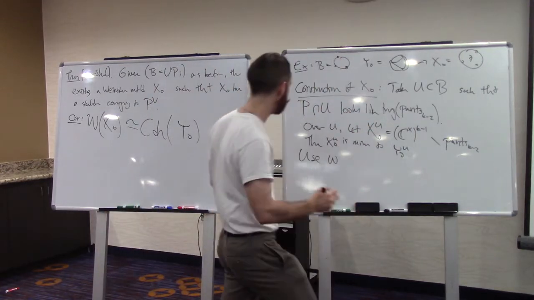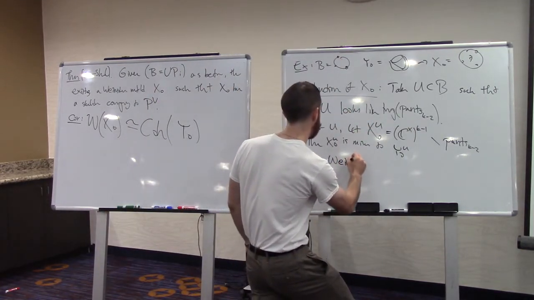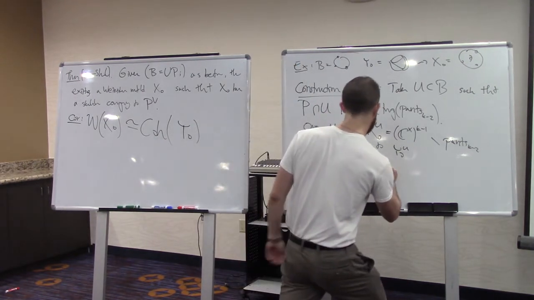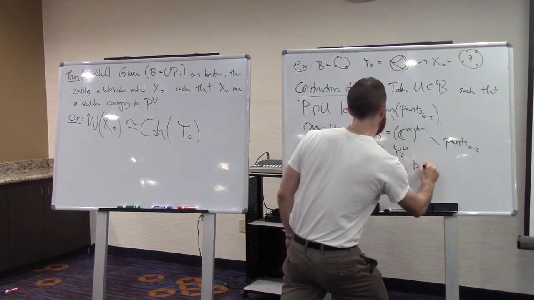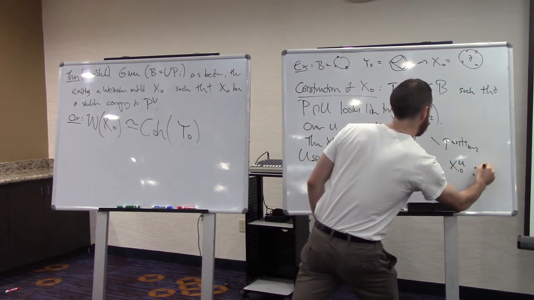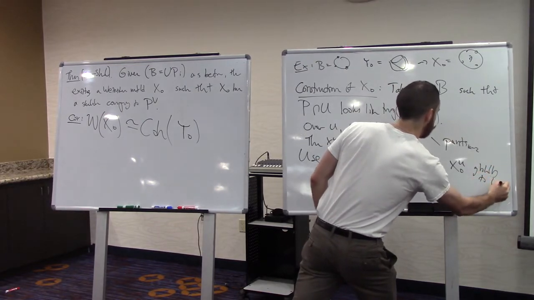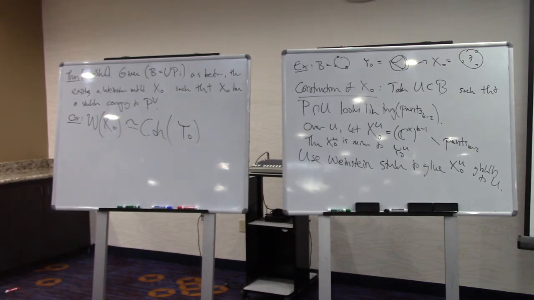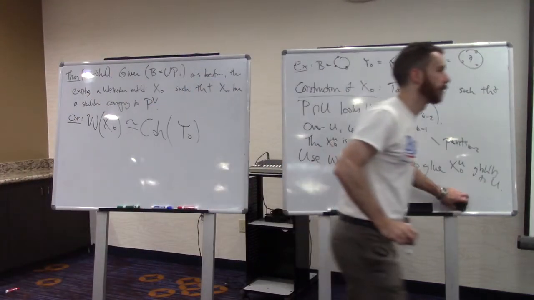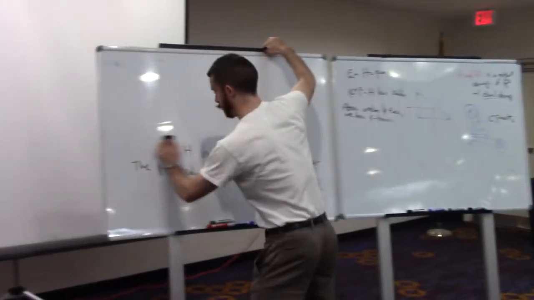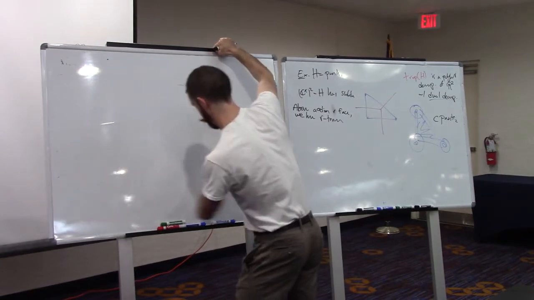We know everything about it, and we can use our knowledge of the Weinstein structure to glue these together. So use Weinstein structure to glue X0_U globally to U. So that's what the construction of X looks like. What we hope, so let me say one conjecture about that, and then I'll give maybe one more example, and then I can move to part 2 of my talk.